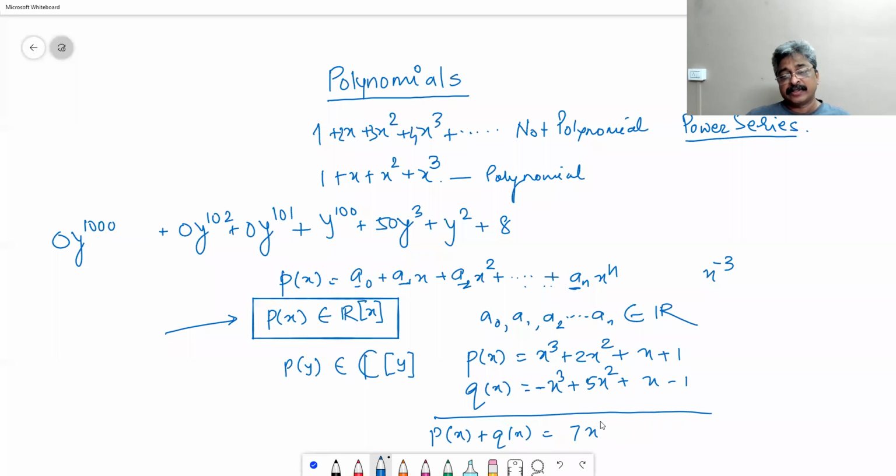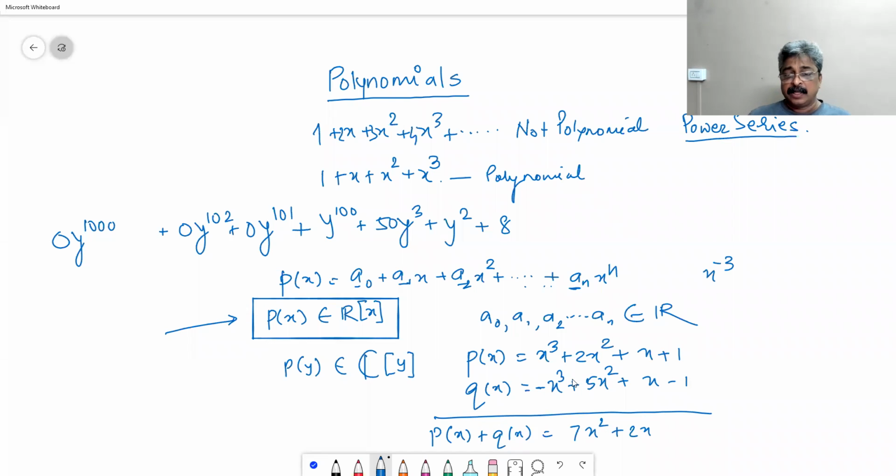I will have 7x square plus 2x plus 0, and p of x plus q of x has degree 2, whereas p of x has degree 3, q of x has degree 3, but p of x plus q of x has degree less than 3. If this was plus, then it could have been 3. So at most you can have the degree which is maximum amongst p of x and q of x.